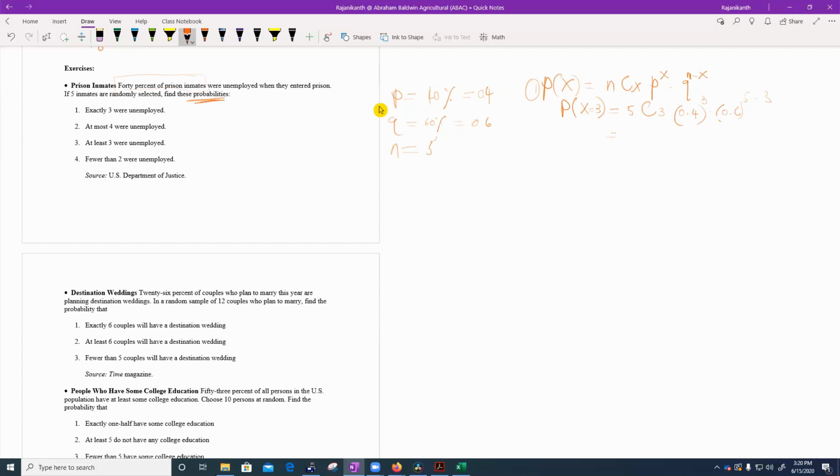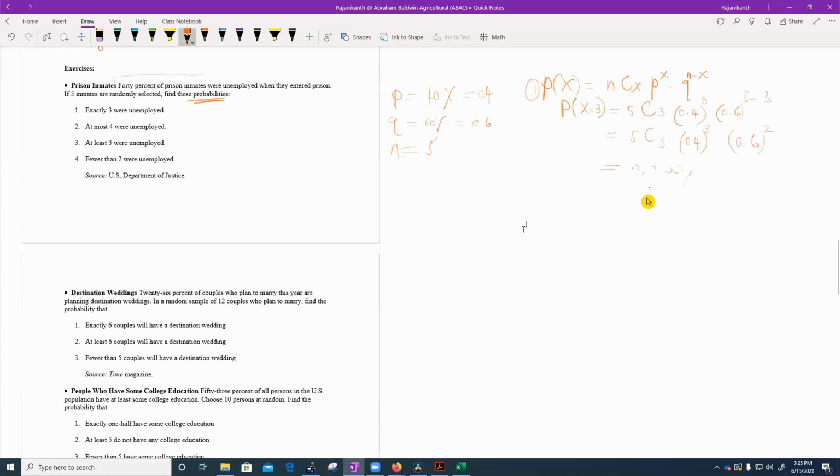So that is 5 choose 3 times 0.4 to the power 3 times 0.6 to the power 2. Take your calculator, and you could type it all at a time and find the answer. If you do it correctly, you should get, to three decimal places, 0.230.